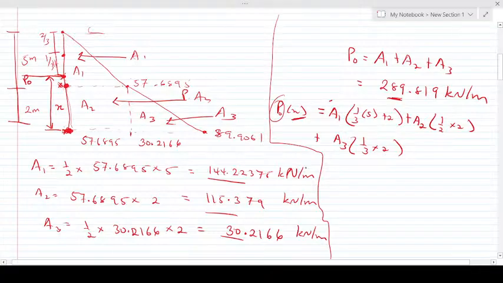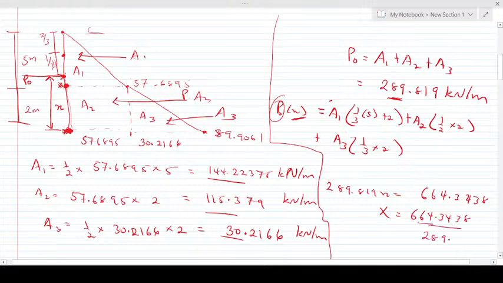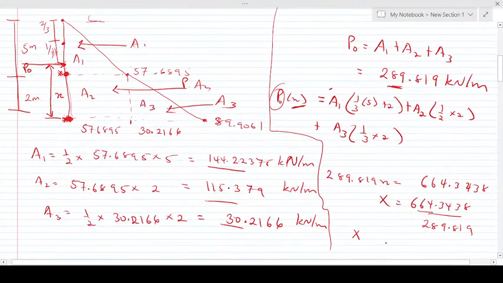So you substitute that, then in complete we have 289.819X equals 664.3438. So our X is simply 664.3438 all over 289.819, then we have 2.29 meters.